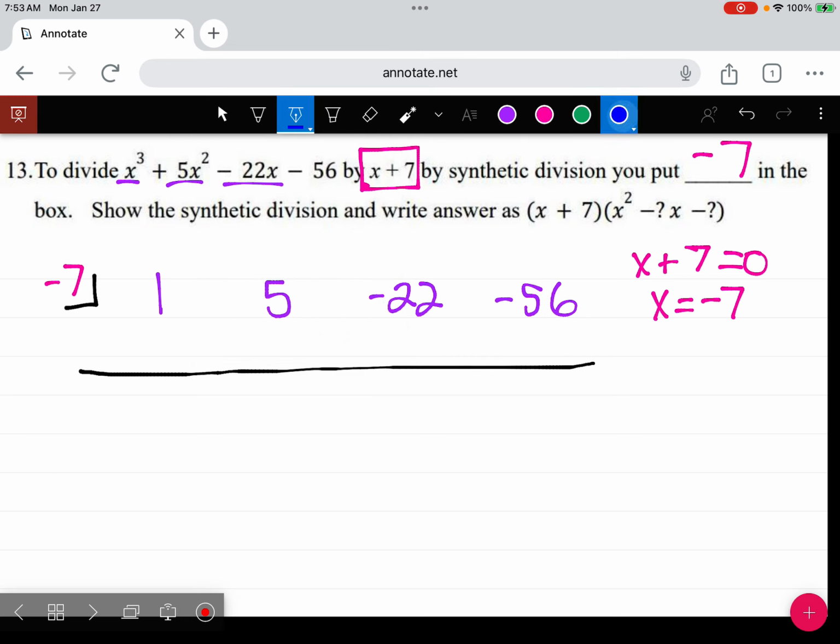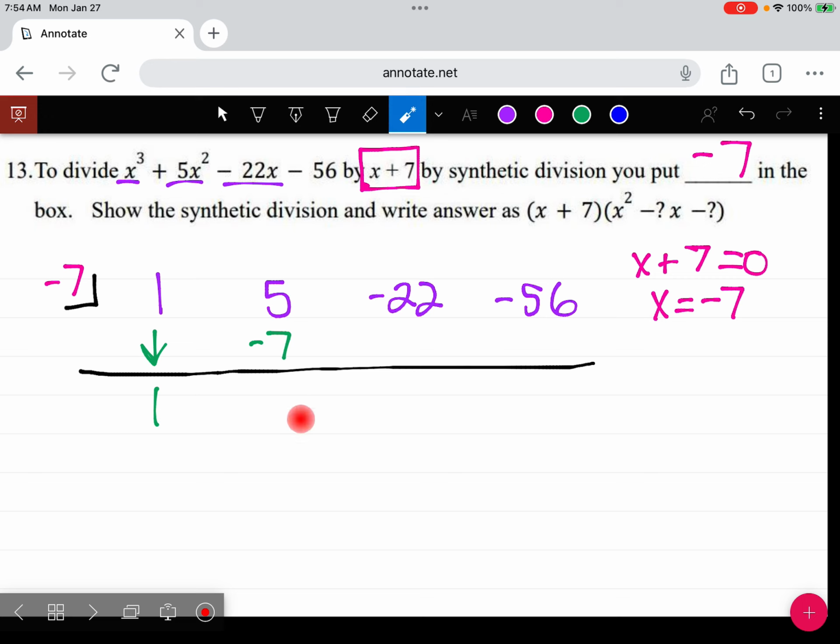What do I do for the process of our synthetic division here? What's my first step? Drop it like it's hot. What's going to go here? -7. We take the 1 times the number in the box and we put it under. So we're going to have our -7.